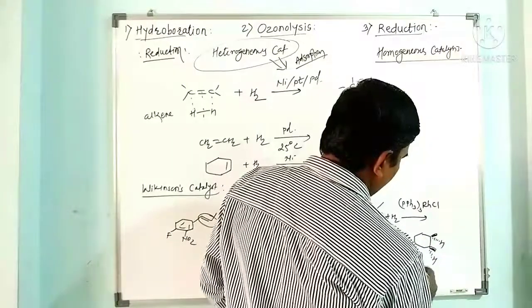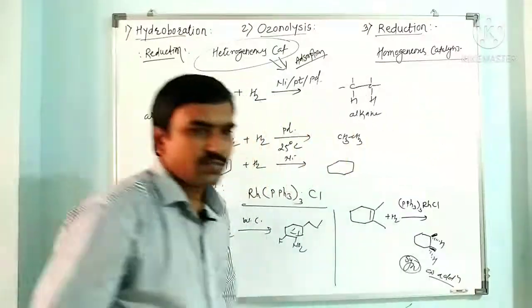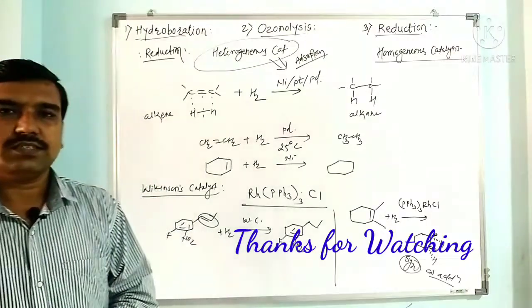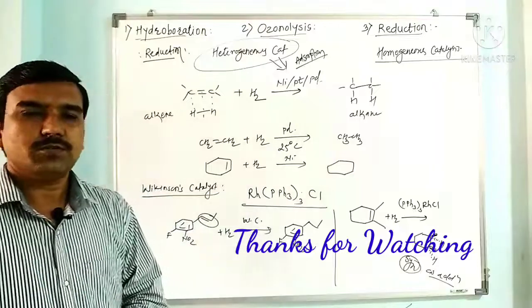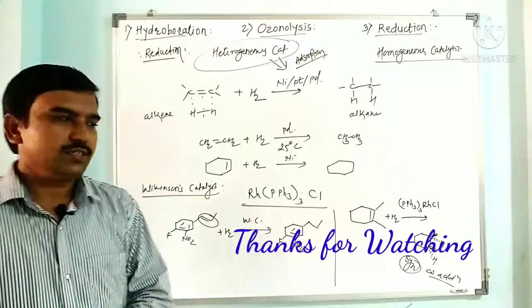So this is a syn or cis addition reaction. The hydrogenation reaction is a cis or syn addition reaction in which both the hydrogen atoms attach from the same side with respect to the double bond. So this reaction is called cis hydrogenation.